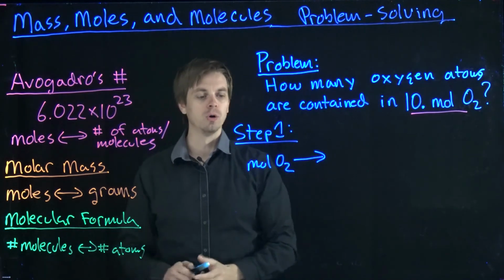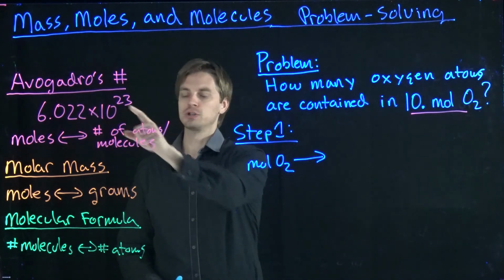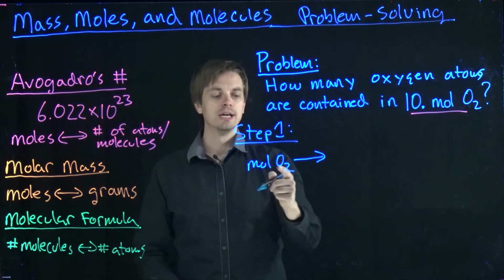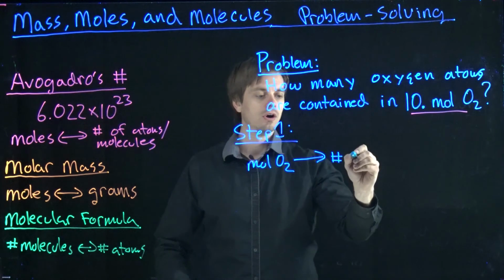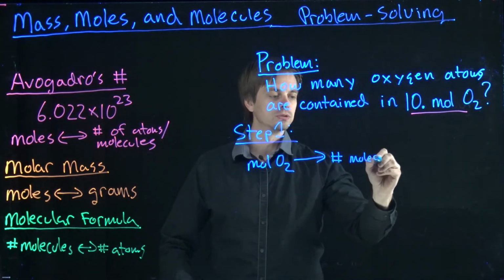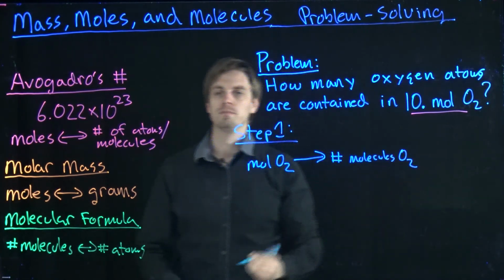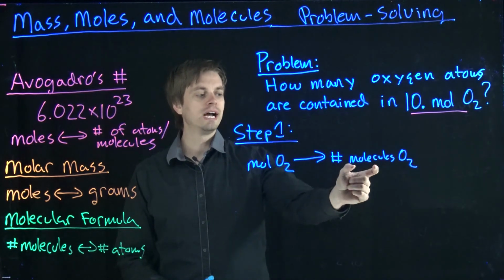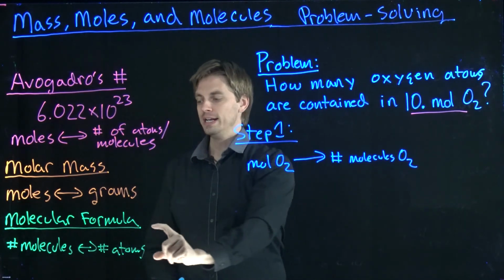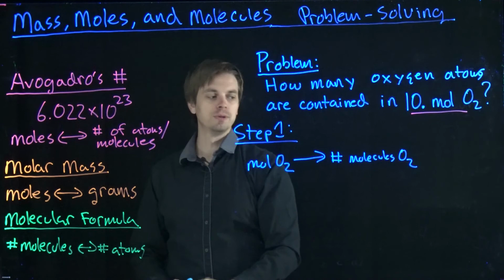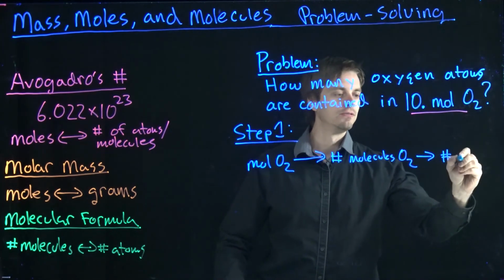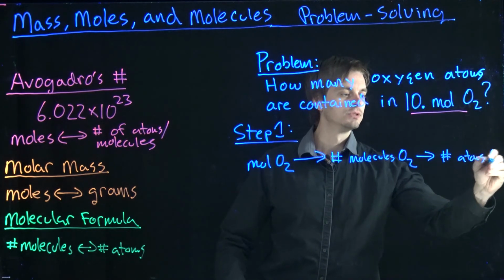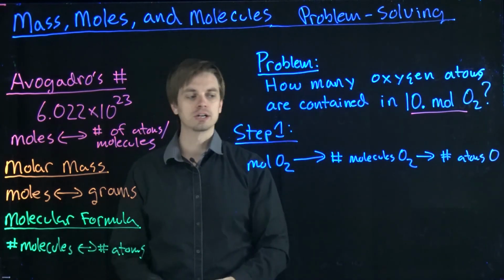in order to accomplish our goal. So the first conversion using Avogadro's number is going to take us from moles of that substance to number of molecules of O2. All right? Once we have the number of molecules of O2, now we can use our molecular formula to figure out the actual number of atoms of oxygen, just single oxygen atoms.